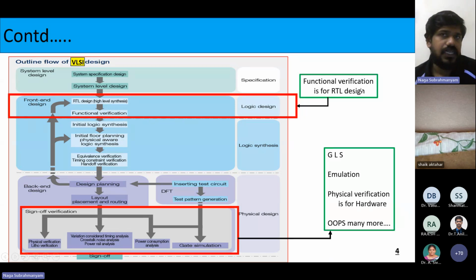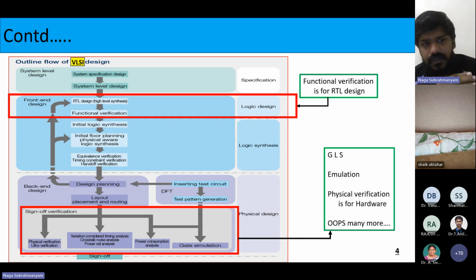Means how the RTL functions will be, what are the various functions of the RTL we are going to verify. Okay, there is another thing called sign-off verification. In this sign-off verification, we will go by the gate level simulations and emulations. Physical verification is for hardware. Many more kinds of things are there.